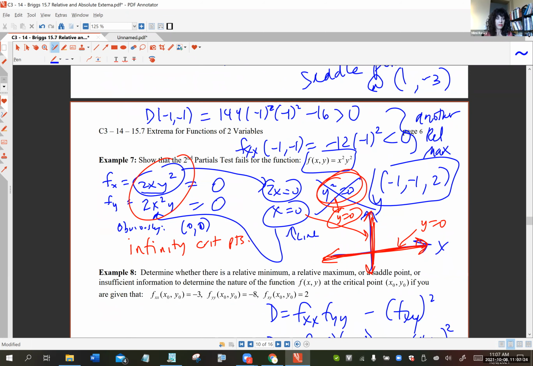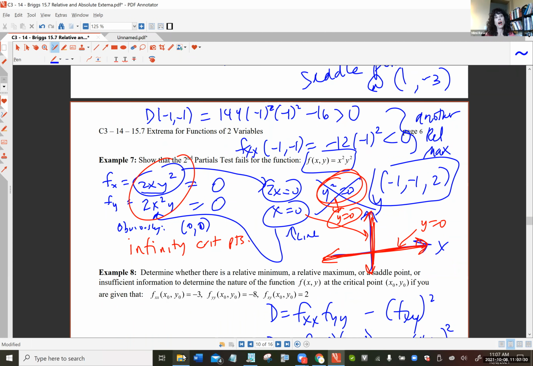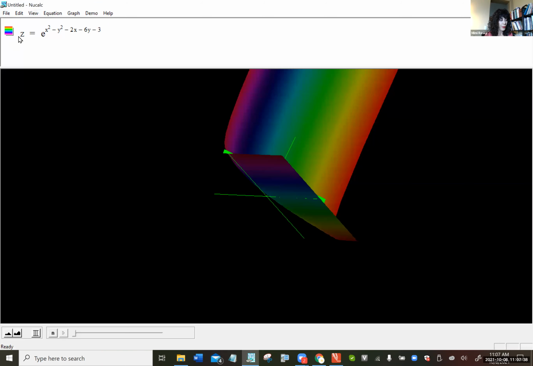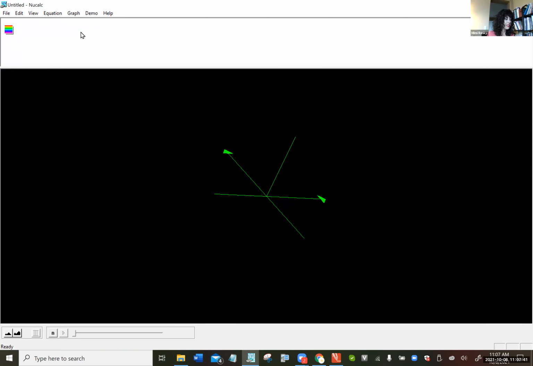Let's look at the graph and then you'll see. I hope you can see that x squared y squared is always going to be non-negative. So it's either going to be 0 or something positive. So what's the lowest it can go? Well, 0. So that gives you a little insight into what these infinity critical points might be yielding. Maybe, maybe not. Check it out.